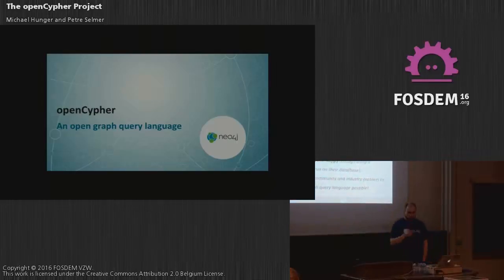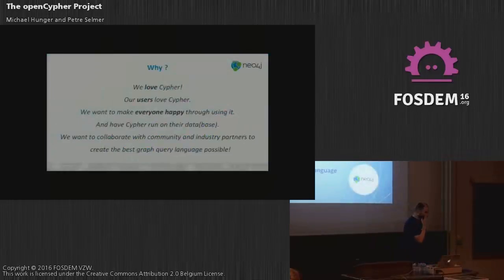And we started in October to launch this openCypher project, the goal of which is to turn Cypher into an open graph query language. Meaning, right now Cypher has been developed and implemented only by Neo. And with openCypher we want to make it open and hand it over to everyone to use, to implement, to do whatever.